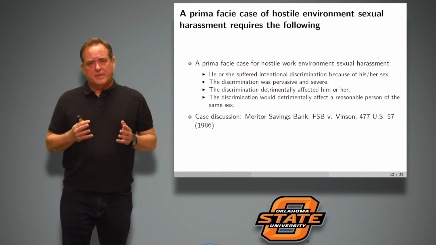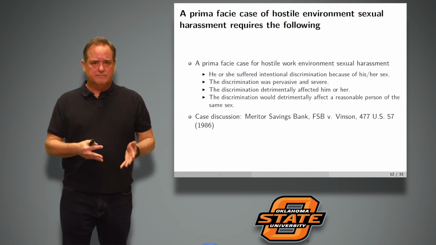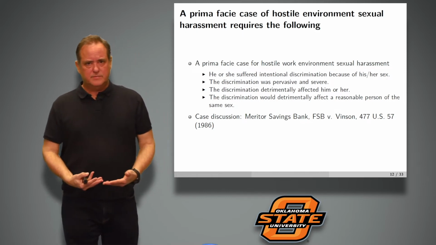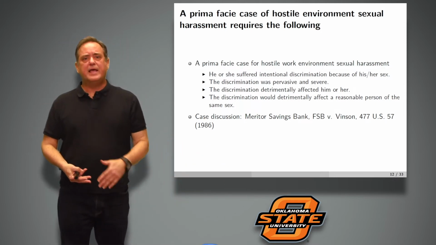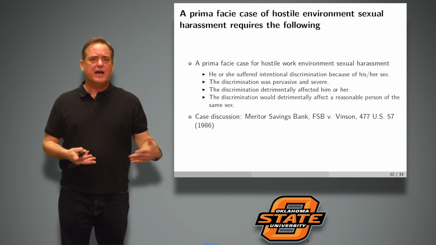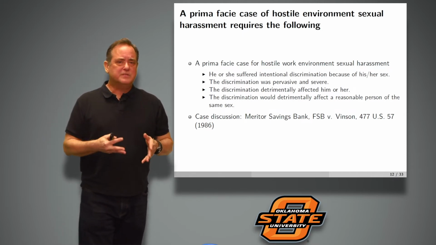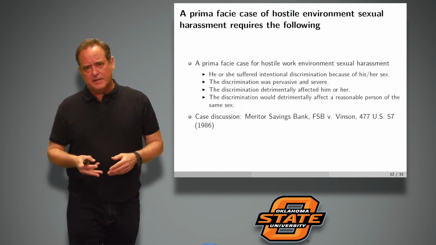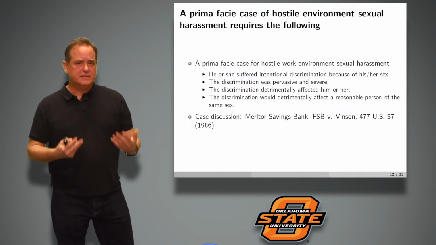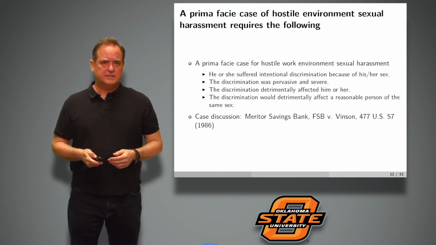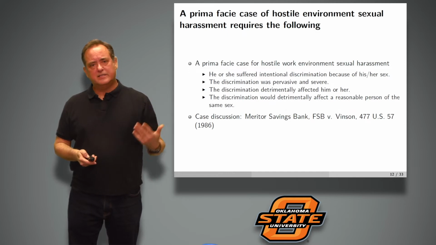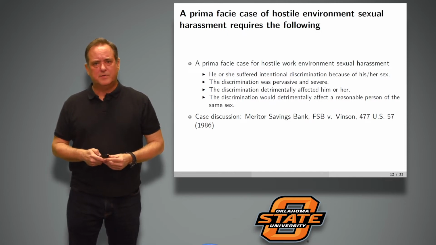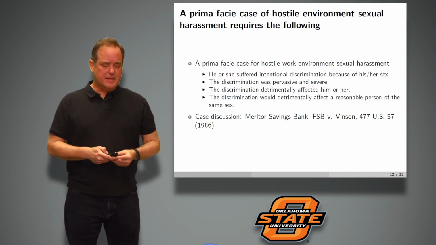And the court had to address, well, if she did not suffer an economic injury, if she didn't suffer a tangible job action, a loss of pay or a loss of hours, if that was not related to her claim, then in fact, was it actionable sexual harassment? And in this case, the court said yes, and then established those 4 elements of the prima facie case that had to be met.